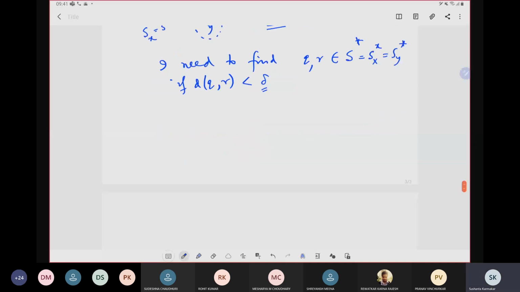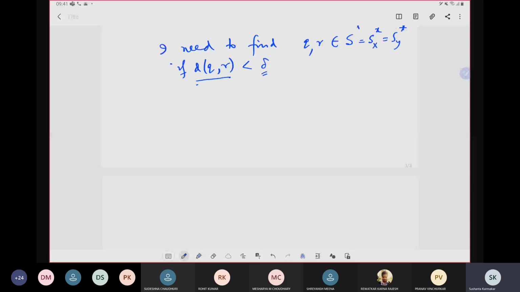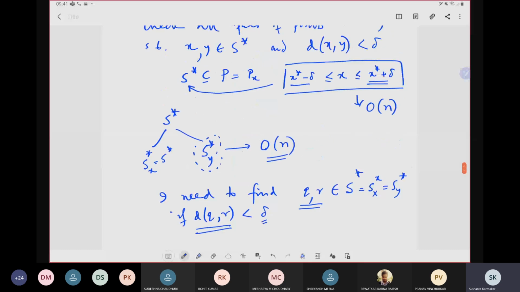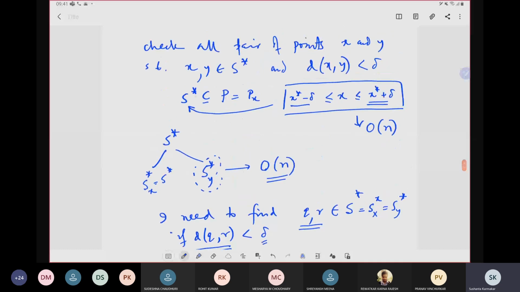Now, how do I find this QR? I want to find out the existence of such a Q and R with distance smaller than delta. If you look here, what are the points in S star?